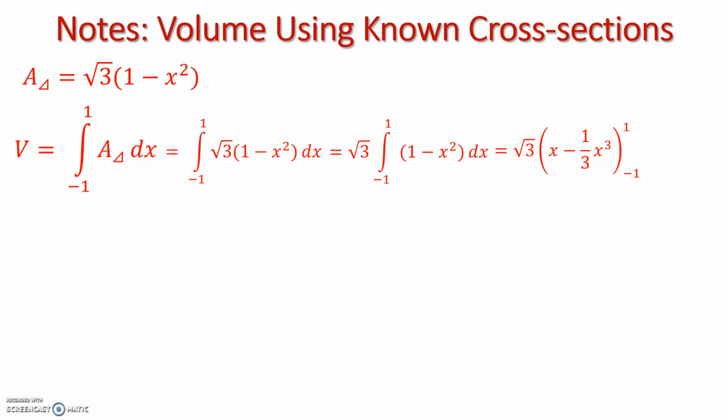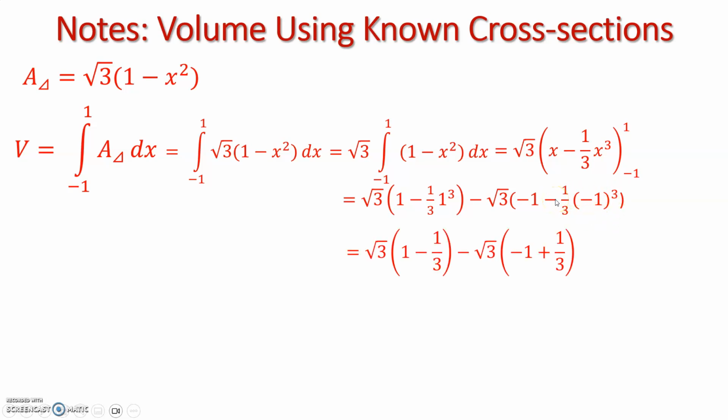Then evaluating this at our upper and lower bounds, we get root 3 times (1 minus 1/3 times 1 cubed) minus root 3 times (-1 minus 1/3 times -1 cubed). Now 1 cubed is 1 times 1/3 is 1/3, and the -1 cubed is -1 times -1/3 is plus 1/3.